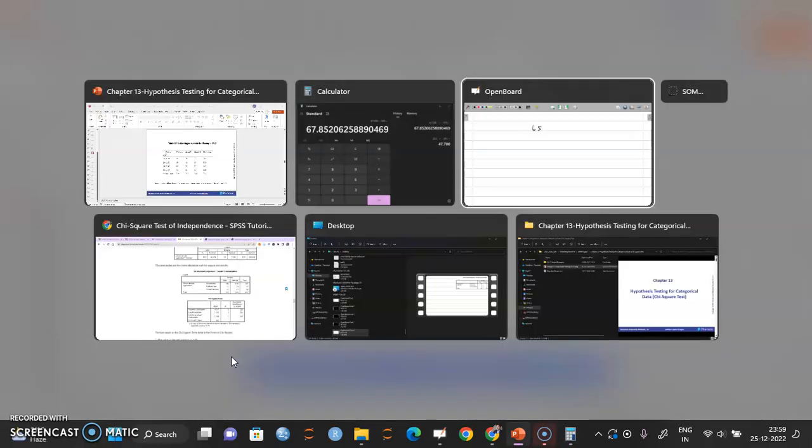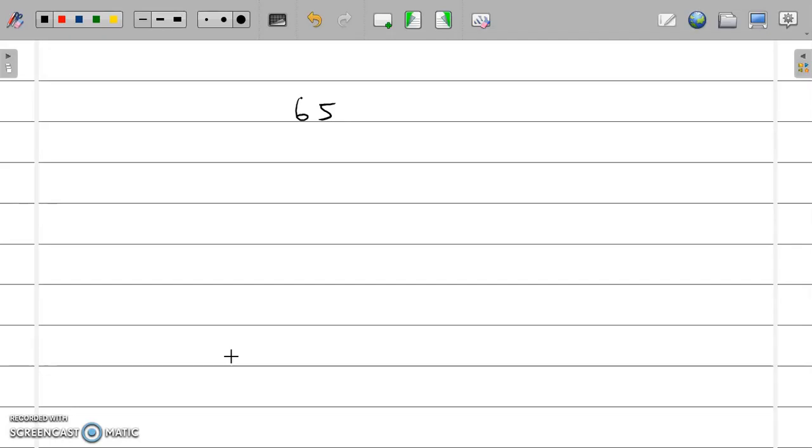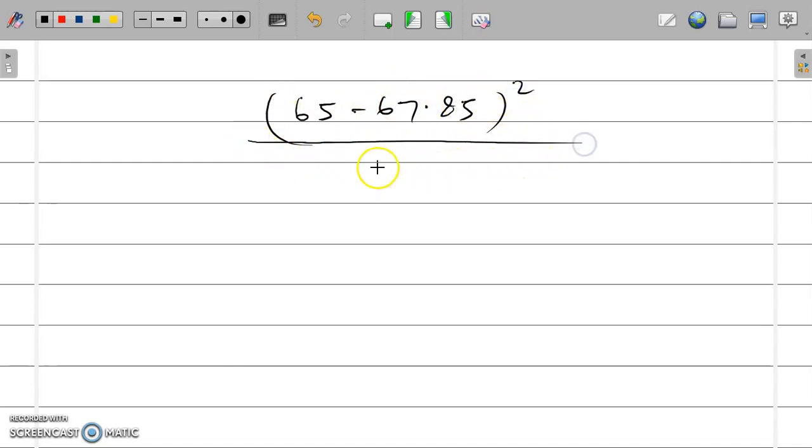So 65 minus 67.85, then I'll square it, and then I'll divide this value by 67.85. And this calculation I'll do for each and every cell, and then I'll add all such values.